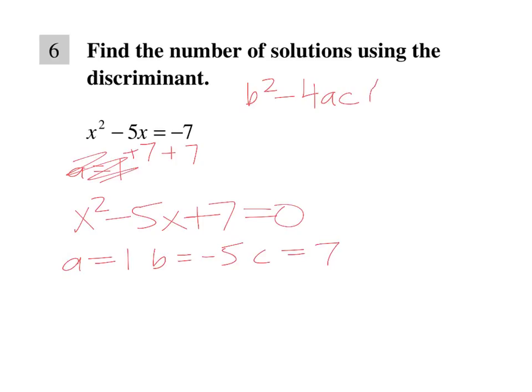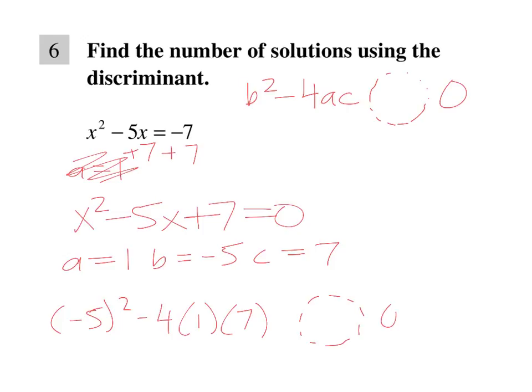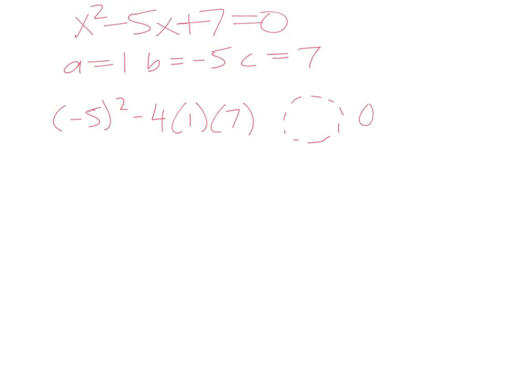All right, I want to see what the relationship is to 0. All right, so I have b squared, which is negative 5 squared minus 4a, a is 1, times c, which is 7. And what's the relationship to 0? So I have 25 minus 28.